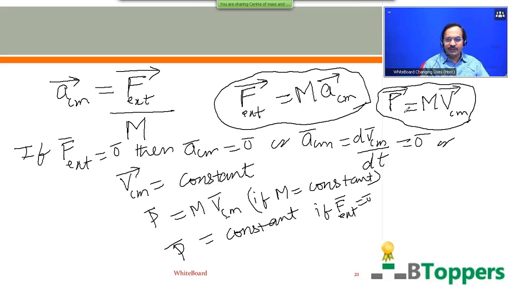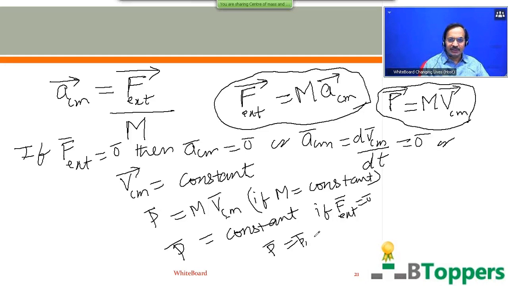So if the mass of the system does not change with time and the velocity of the center of mass is constant, then we can say the total linear momentum of the system remains constant. That means if no net external force acts on the system, then the total linear momentum of the system remains constant both in magnitude and direction. Here capital P bar represents the total linear momentum of the system of particles.